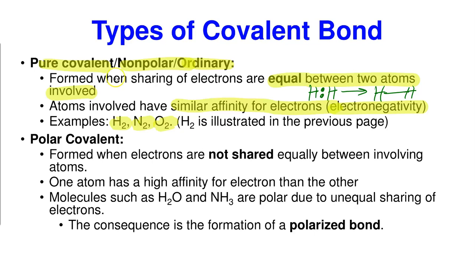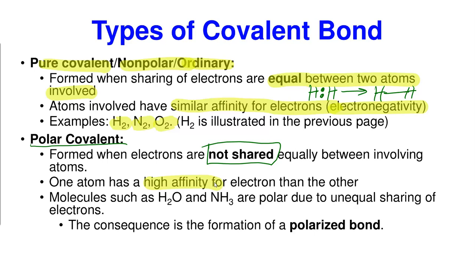However, polar covalent bonding is the opposite. Here, the electron pairs are not shared equally between the two atoms involved. One atom has higher power, higher electronegativity, higher affinity, to attract more electrons for itself than the other.